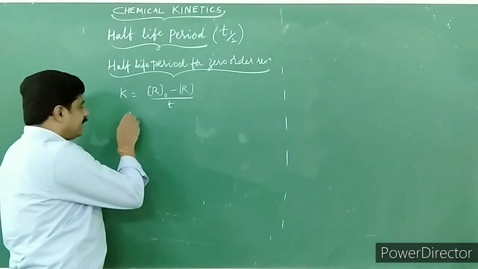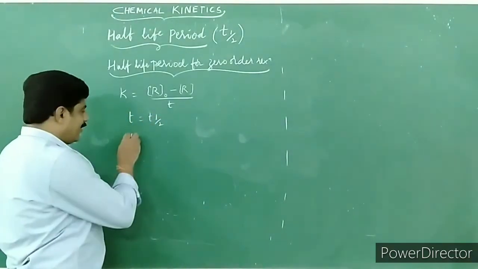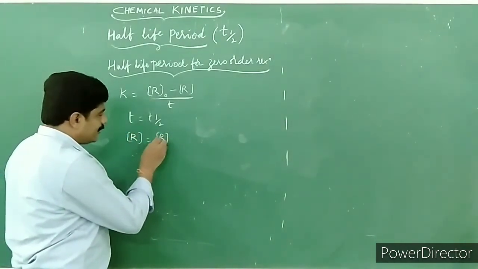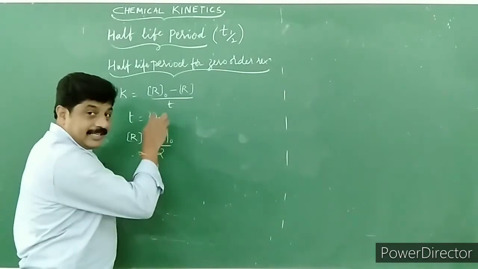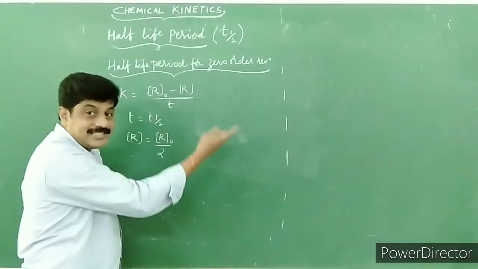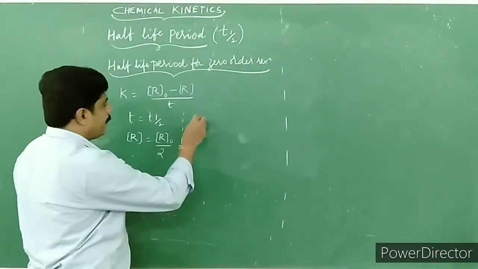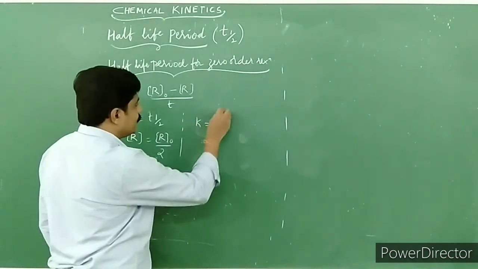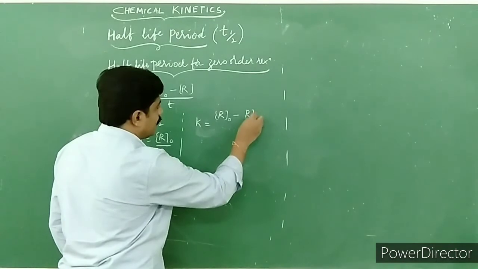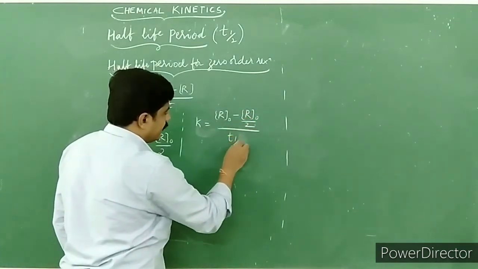Now children, if t is equal to t half, then concentration of reactant is equal to R naught by 2. Why? Because the concentration is reduced to half of its initial concentration. In that case, let me substitute. Children, look at here. k is equal to R naught minus R naught upon 2 divided by t half.